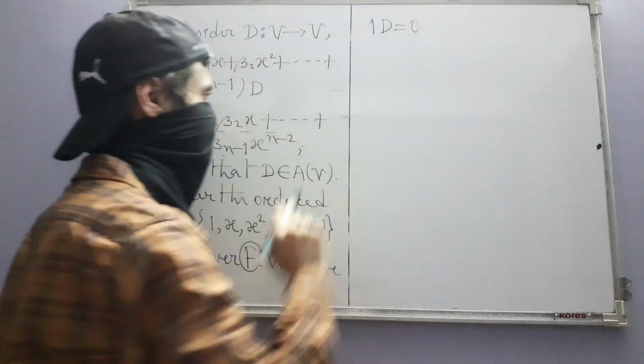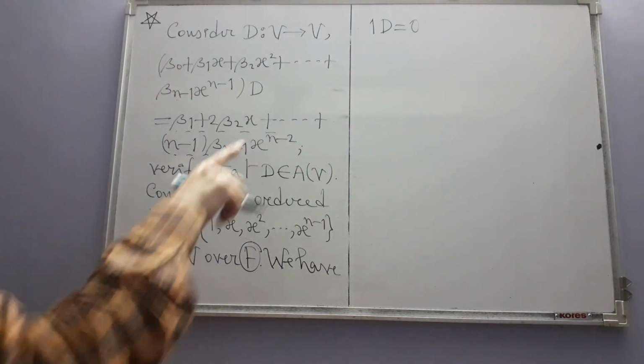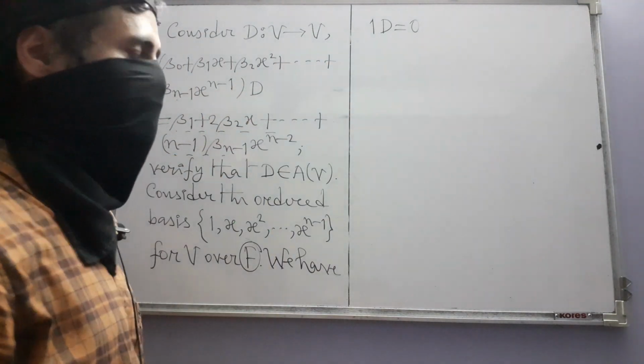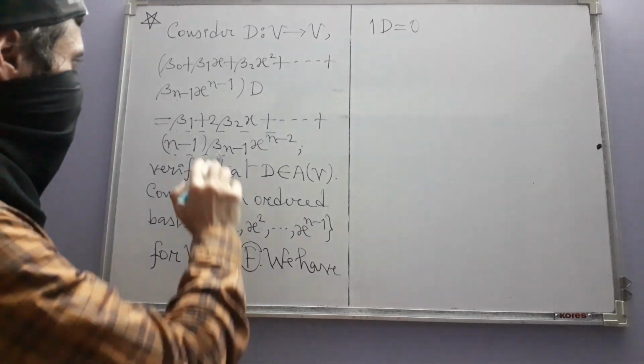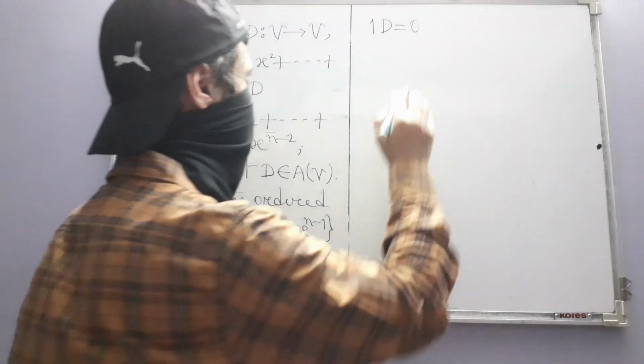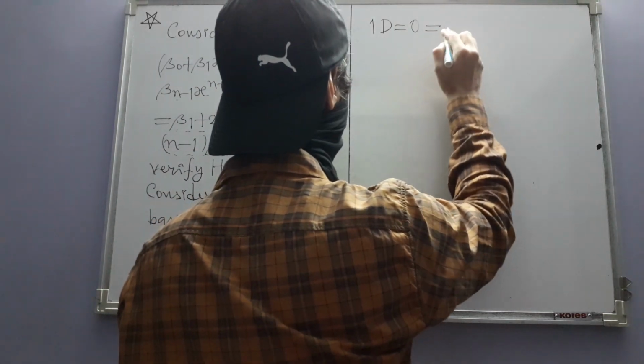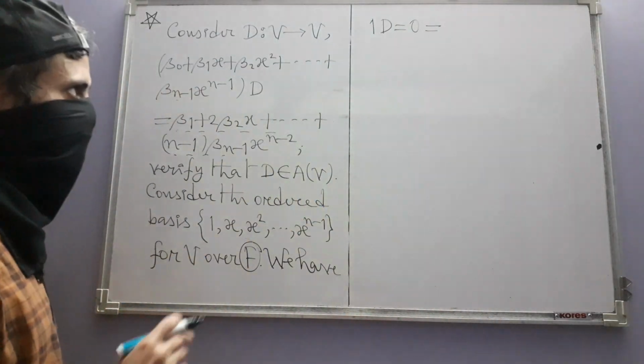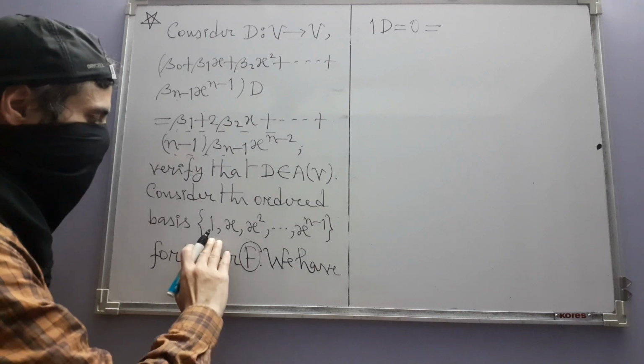We are not getting 0 here because the derivative of a constant is 0, but because the definition gives me 0.